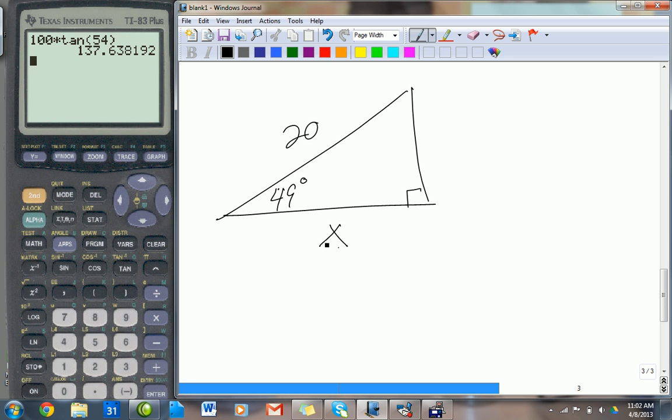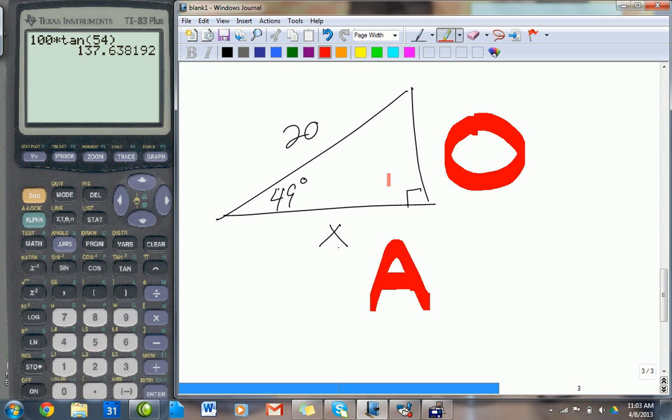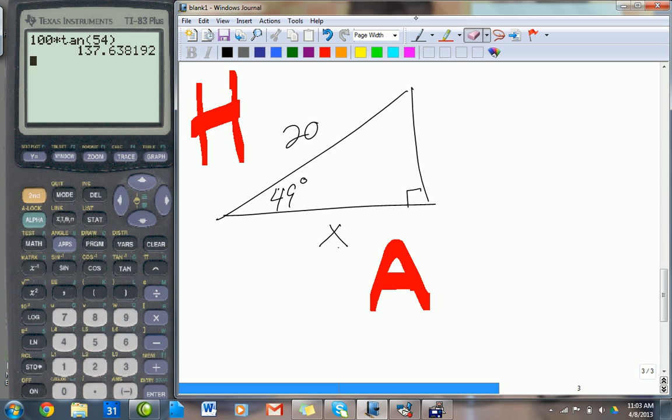I'll give you a hint. This is my reference angle. What's the name of this side? Very good, the opposite side. This is my reference angle, 49. What's this side called that I'm looking for? Very good, the adjacent side. It doesn't matter where my reference angle is, the side across from 90 will always be the hypotenuse. Very good.